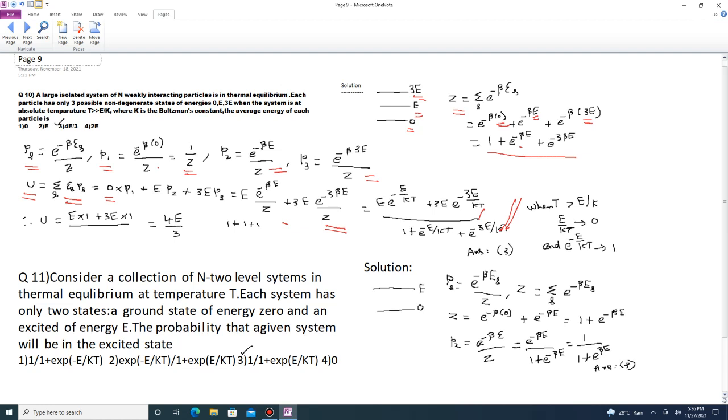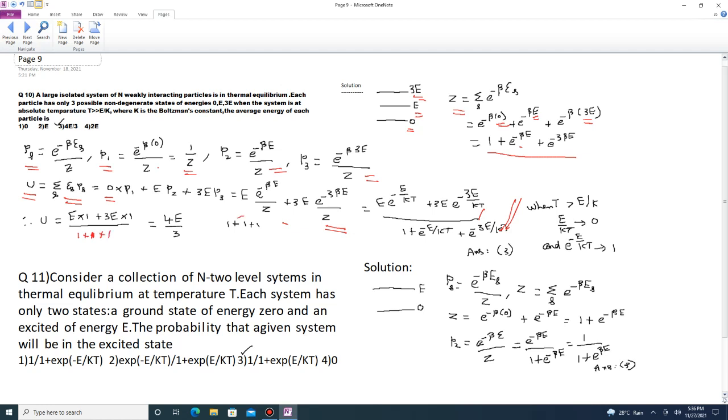Therefore, this expression now becomes U is equal to E into 1 plus 3E into 1, whole divided by 1 plus 1 plus 1, which is 3.